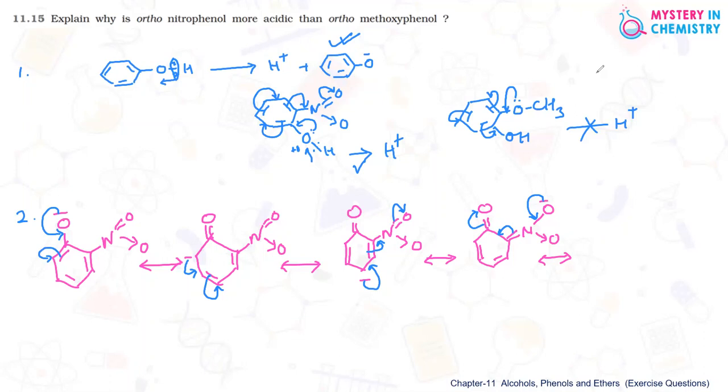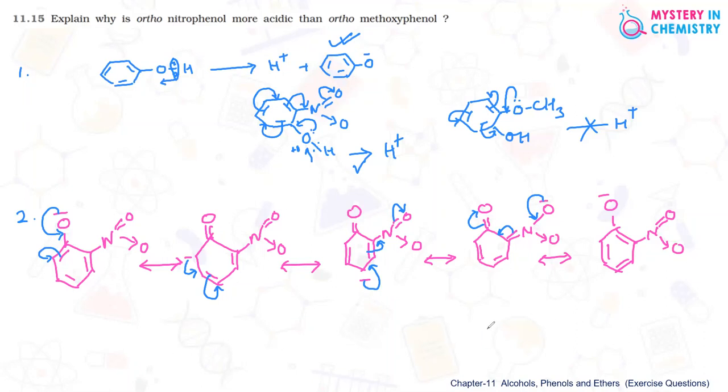So the next structure should be: single bond oxygen with negative charge over here, and this bond is not disturbed, it will remain the same, and one bond is formed here and a single bond is left over here, nitrogen with a double bond here, no charge over the oxygen, and a coordinate bond with oxygen.